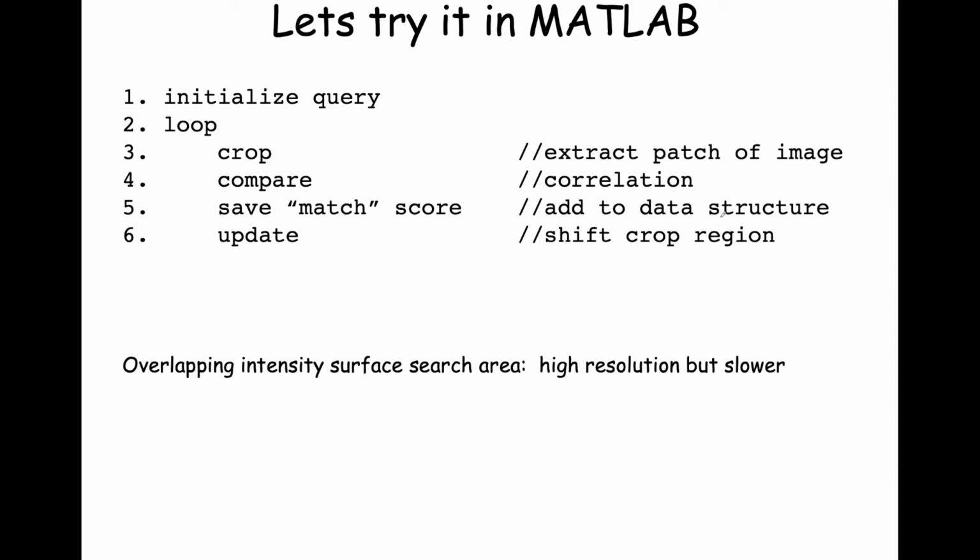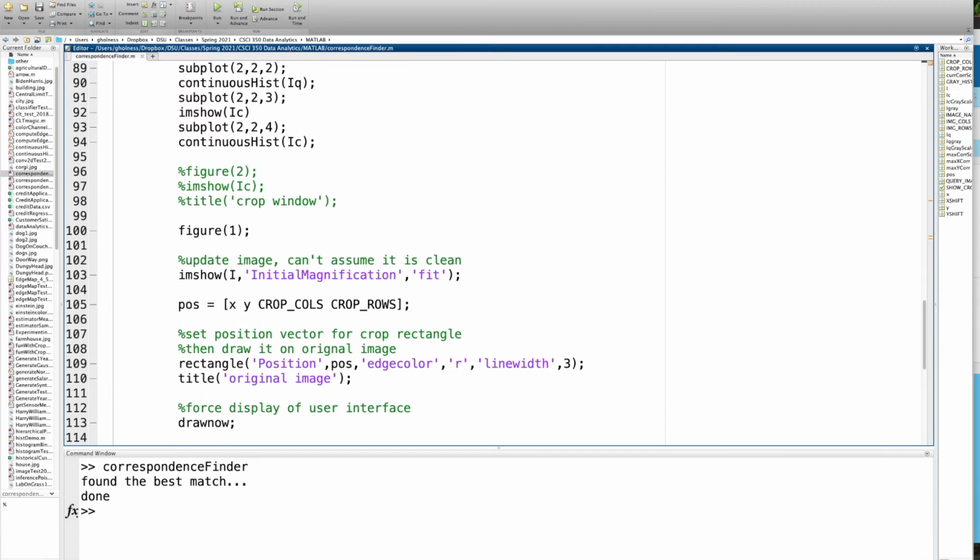One of the things I want to highlight is the impact of the degree of tessellation, this difference between how far apart these target windows, crop regions in the image at time t1, are spaced, and that trade-off between runtime and level of granularity. Okay, so let's go into Matlab. I will meet you in Matlab.